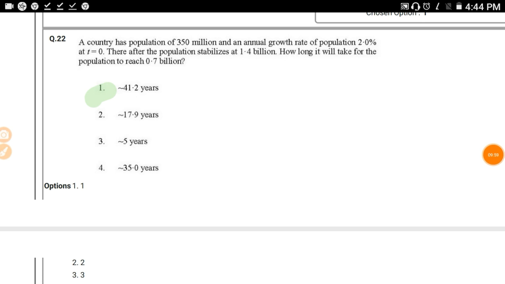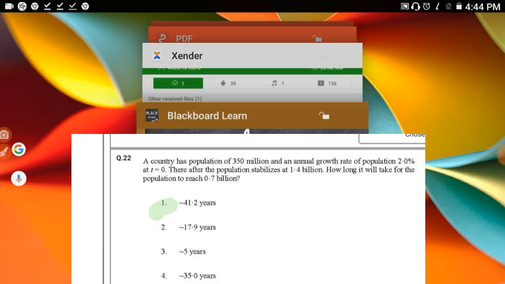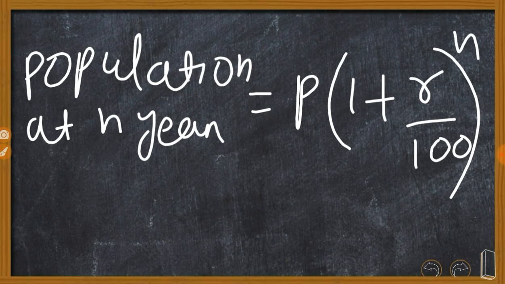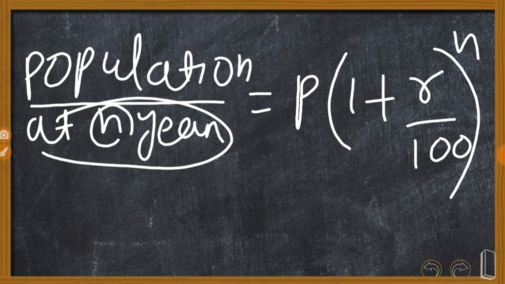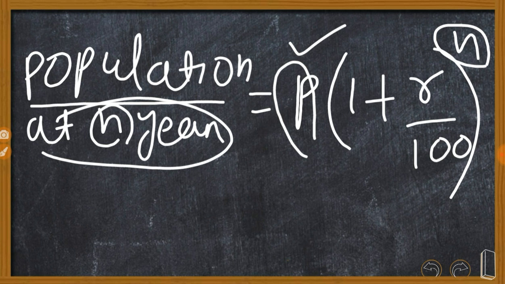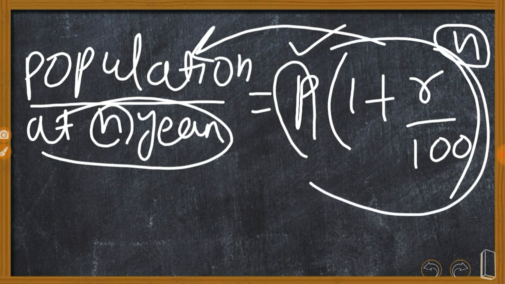In these questions we can utilize a formula: we know the population at present, and we have to find out how many years it will take to reach this population.